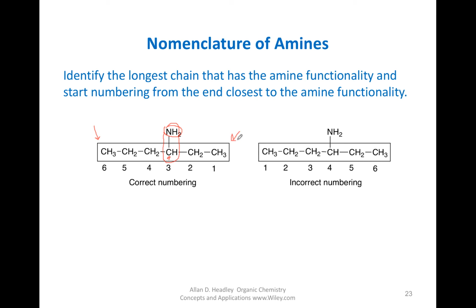Of course, as you know now from experience, the amine will take priority. So we start at the end closest to the amine. So this becomes the correct starting point here. And we go in this direction, so it has 6 carbons. So this would not be the correct numbering system here.